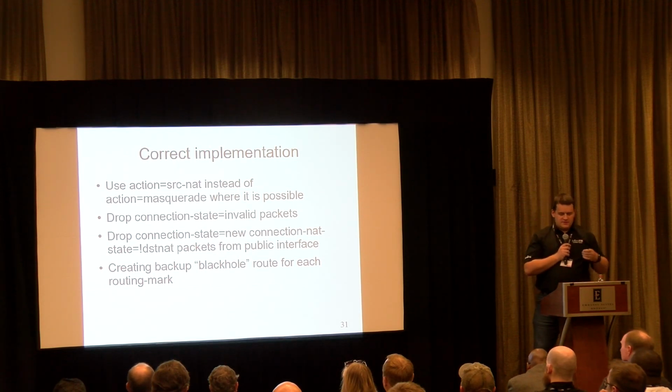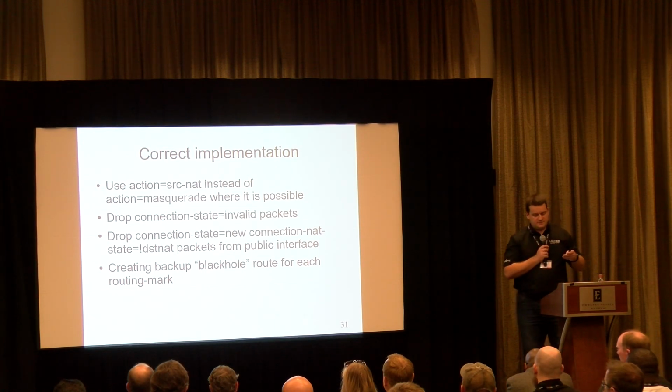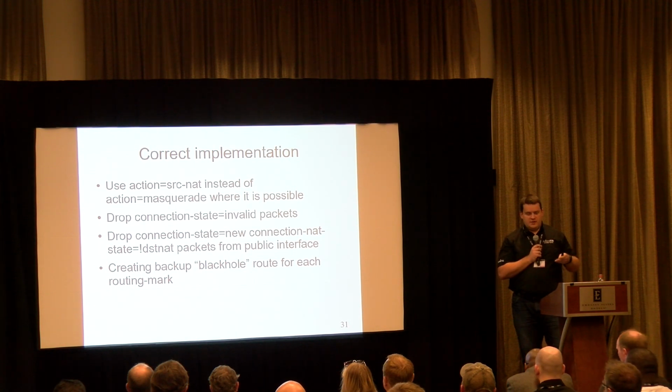The best solution is to have a backup black hole route with a bigger distance for each routing mark. That will ensure that all the connections actually expire before jumping to the other gateway, and you will not leak your private IP addresses to the public network.